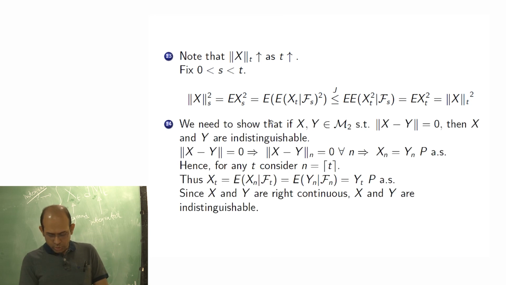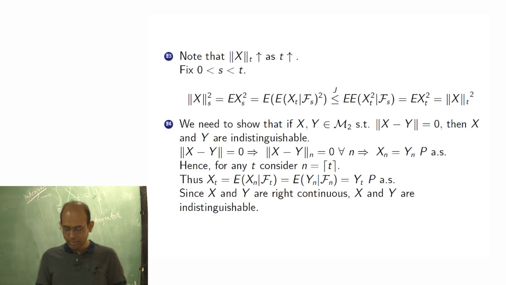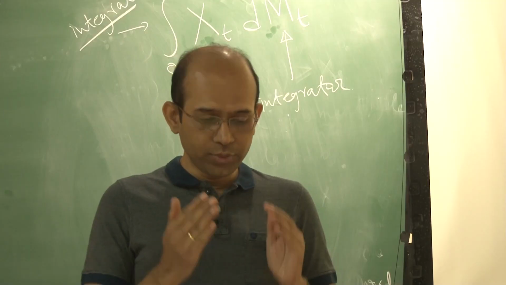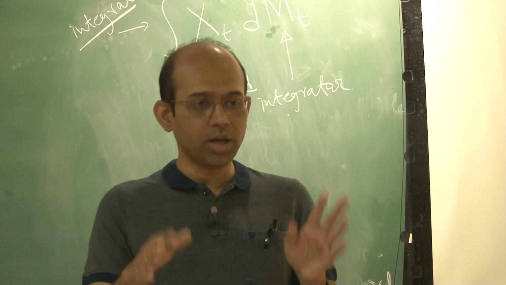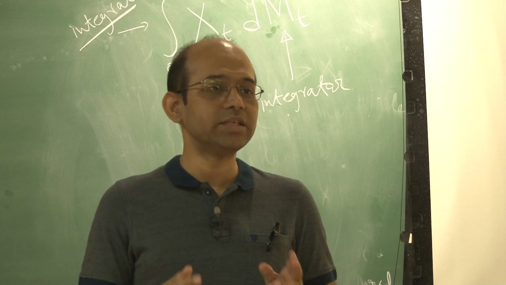We need to show that if x and y are in M2, the square integrable martingales, such that the distance of x and y is 0, then x and y are indistinguishable. This is something we need to establish. If we do not establish this, then we do not know what the equivalence class is to fix, so that this functional that we have introduced gives a metric.